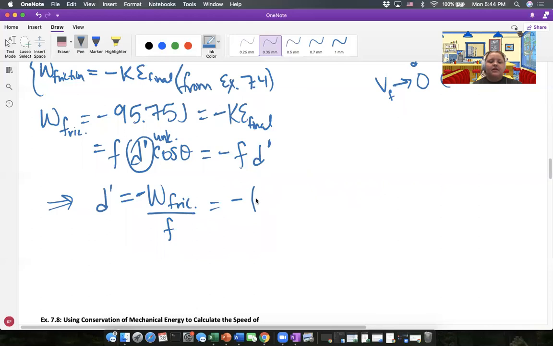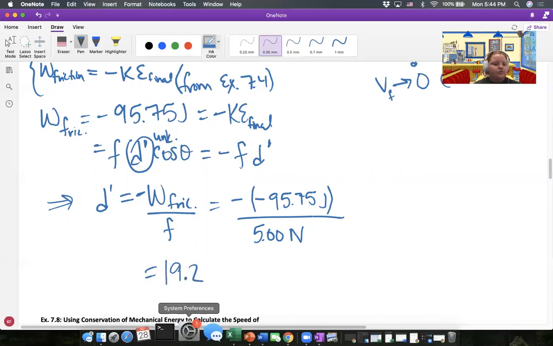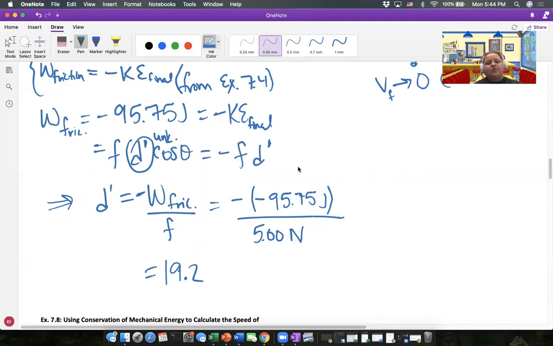It's going to be our negative 95.75 joules, okay, divided by our frictional force, which was given to us as 5 newtons. Okay, so then we get a value of 19.2.